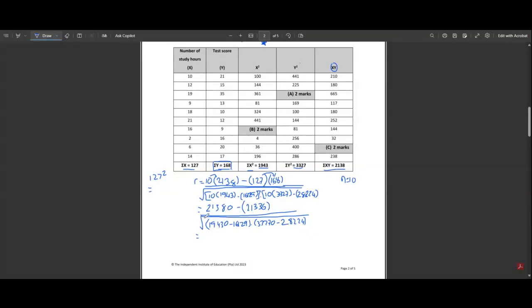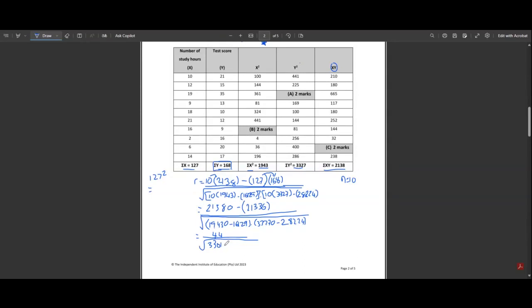Cool. Okay, let's do the top one then. So 21380 minus 21336. Okay, excellent sign that the numbers are decreasing. Okay, and then we need 19430 minus 16129. 1, delightful.